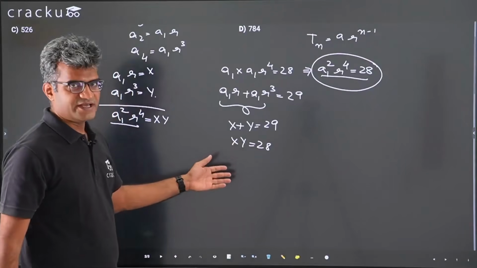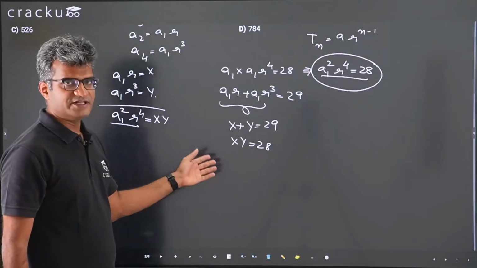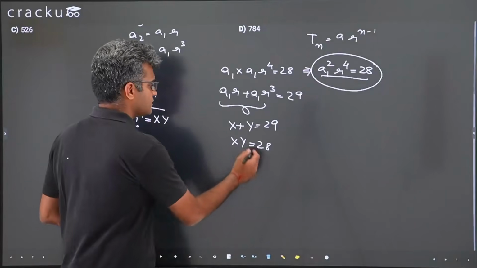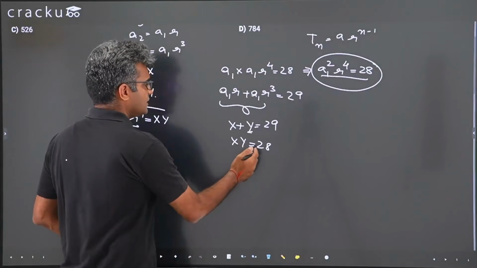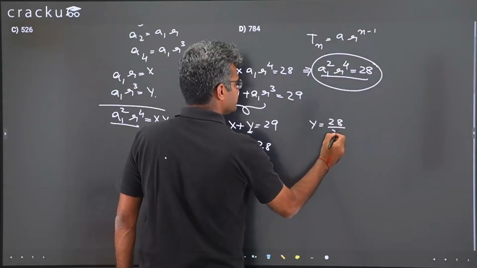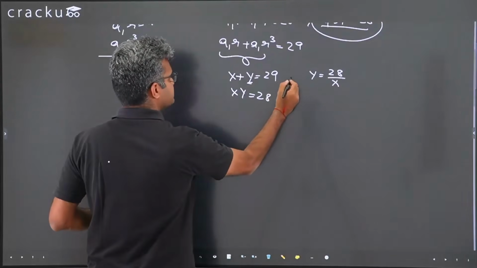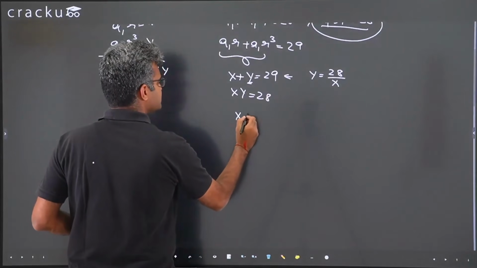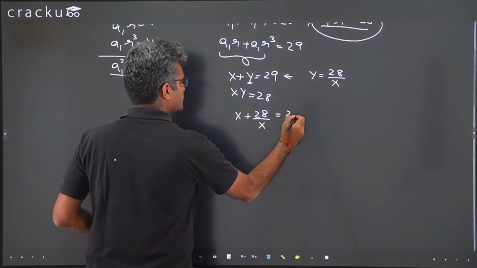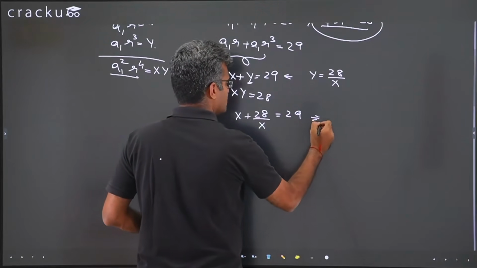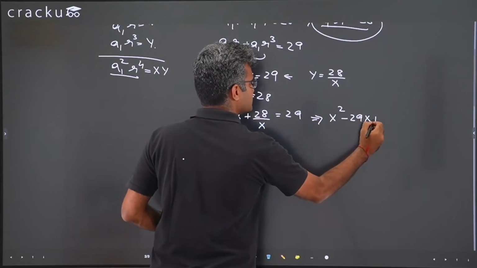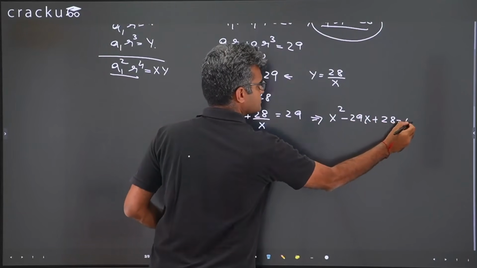Here you can immediately guess that one of them has to be 1 and the other one has to be 28. If you are not able to guess that, you can substitute the value of y to be equal to 28 by x. So this given equation will become x plus 28 by x is equal to 29, or x square minus 29x plus 28 is equal to 0.